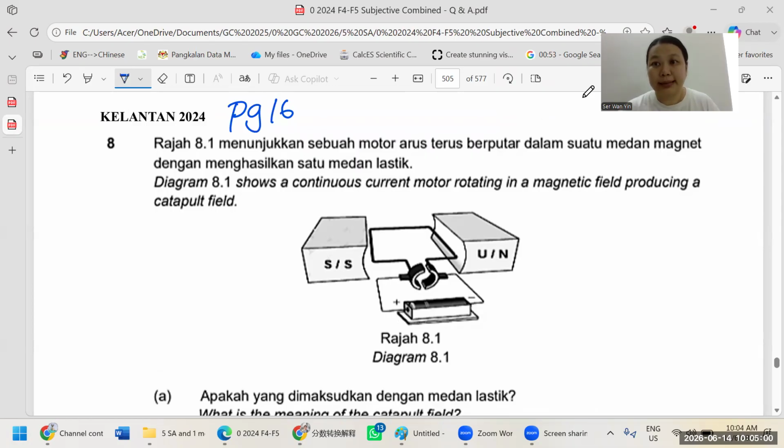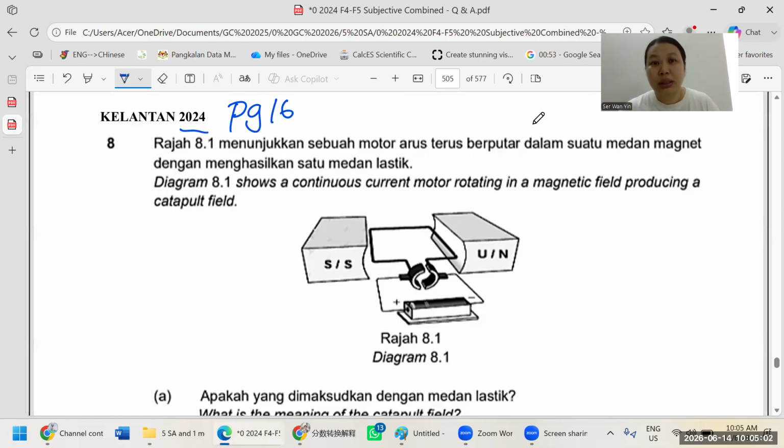Okay, this is Kelantan 2024. And I tell you, actually it is not hard to score in physics as long as you do the questions. You will find out that they always ask the same thing.